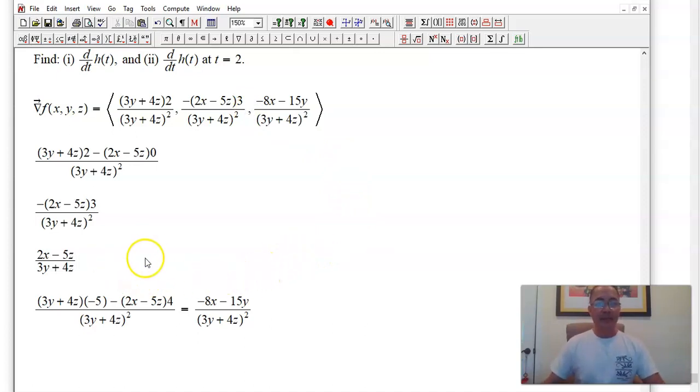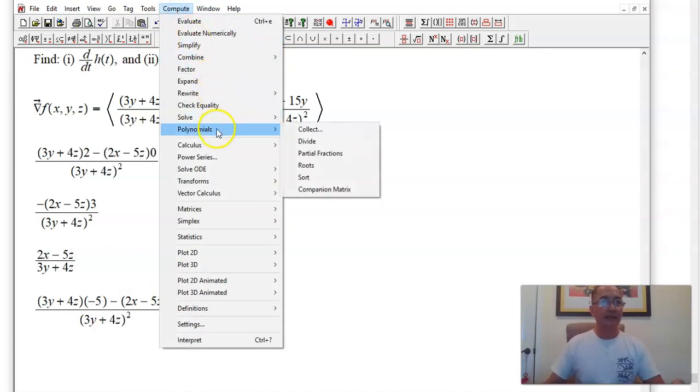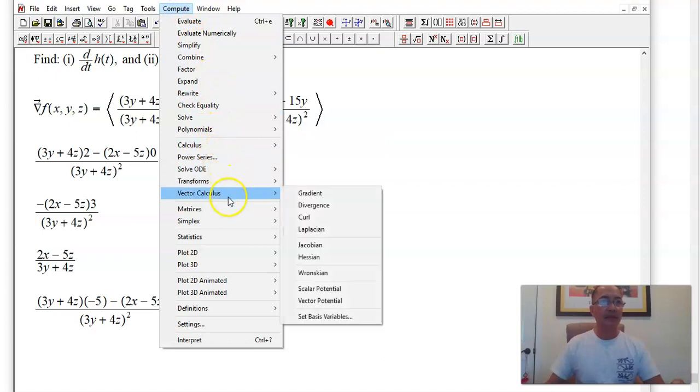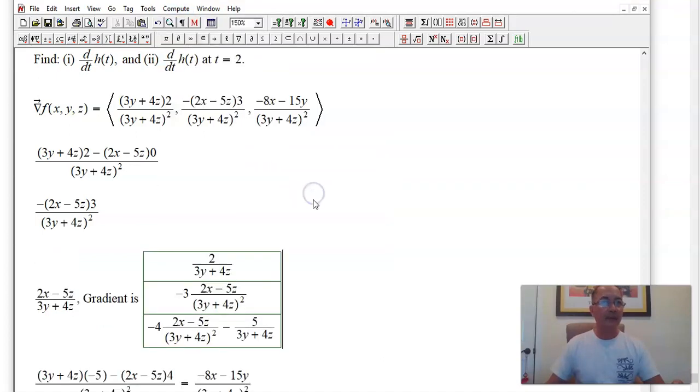Remember last time I showed you that Scientific Notebook can do vector calculus, and how many mistakes did I make? That's okay, because it canceled the 3y plus 4z. Minus 3, yep, 2x minus 5z. Ooh, so far so good.